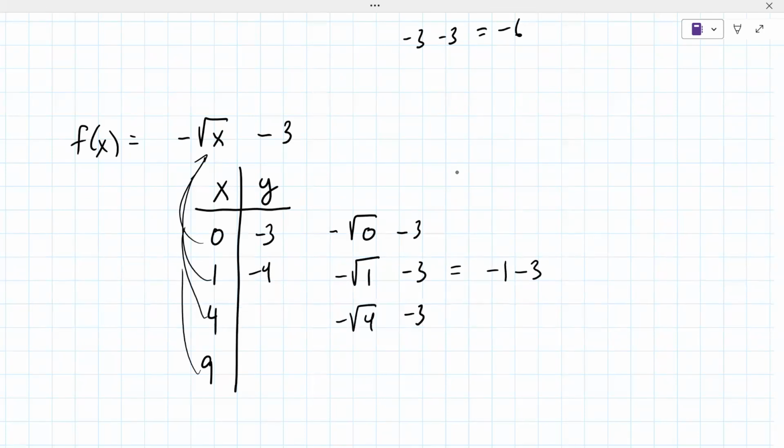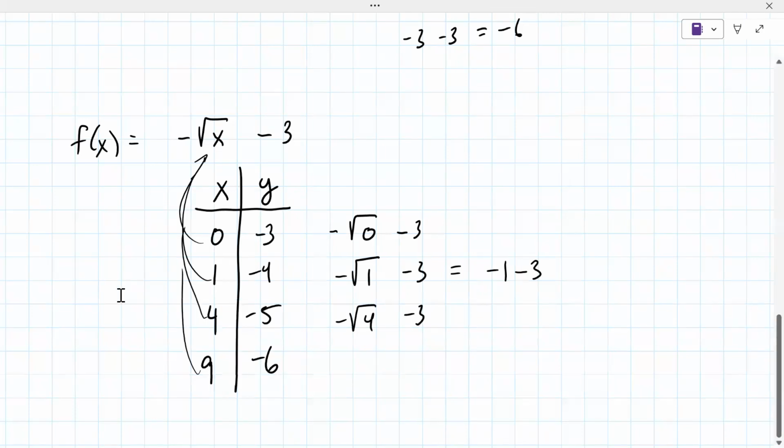Minus square root of 4 minus 3. -5. And then can you do the last one for us, please? -6. Yes, very good.